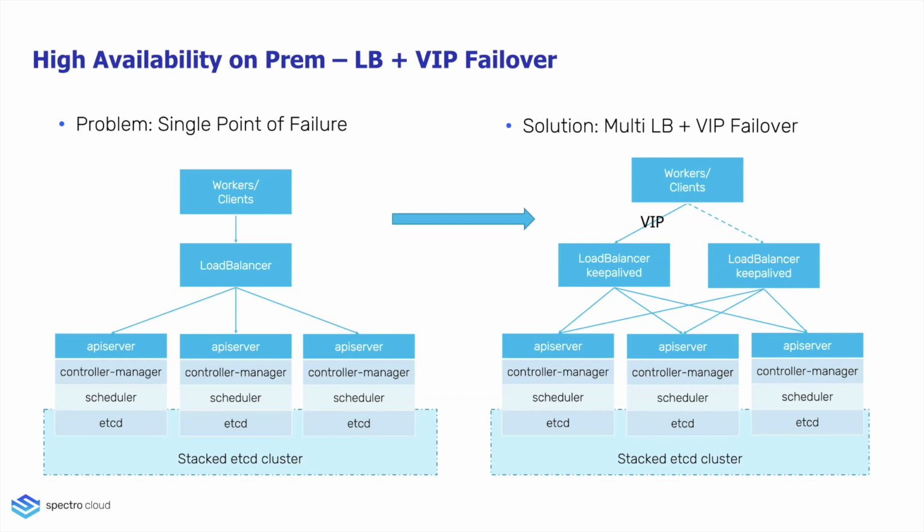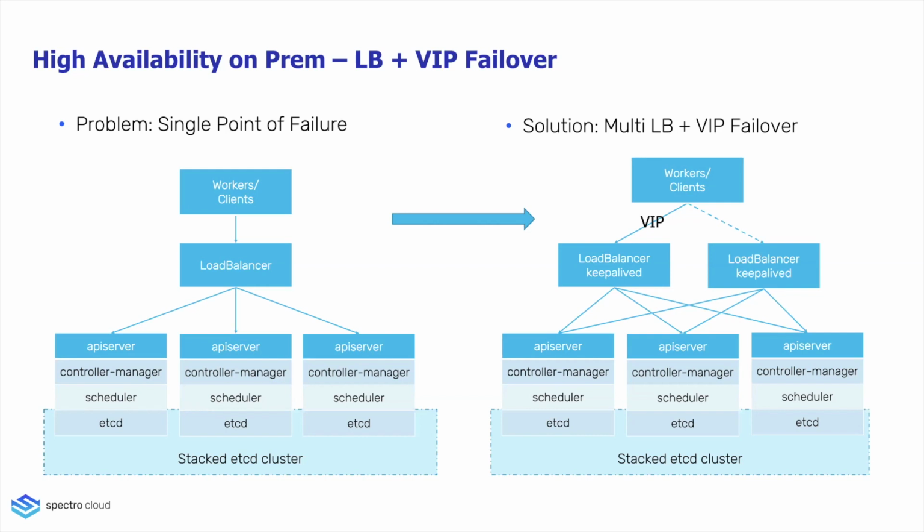One commonly used solution on-prem is virtual IP failover. So the two load balancers will share one virtual IP. The virtual IP could be attached to either one of them. With solutions like Keepalived, if one of the LBs goes down, the virtual IP will be automatically moved over to the other one.